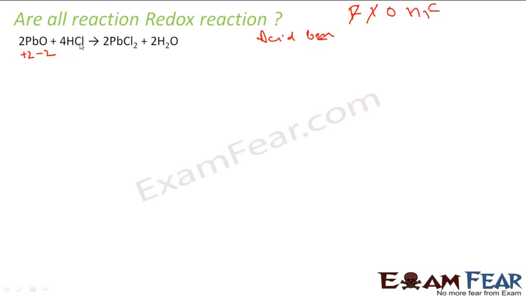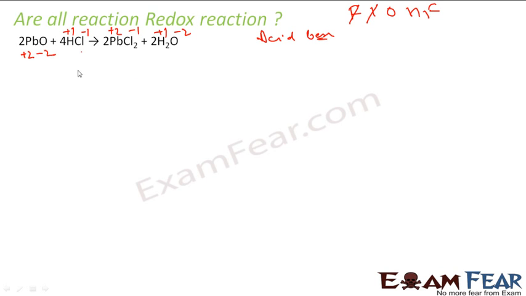Similarly, in HCl, H is +1, so Cl will become -1. So in PbCl2, Cl is -1 and Pb is +2. In H2O, O is -2 and H is +1.